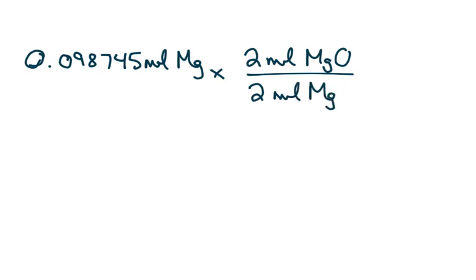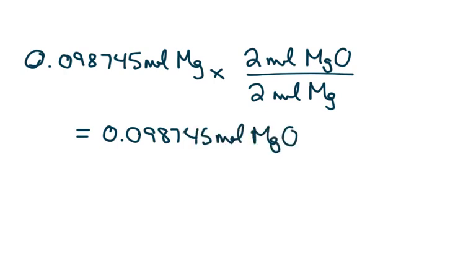Magnesium on the bottom. And the math works out quite easy for this one. It works out to 0.098745 moles of magnesium oxide that we produce.